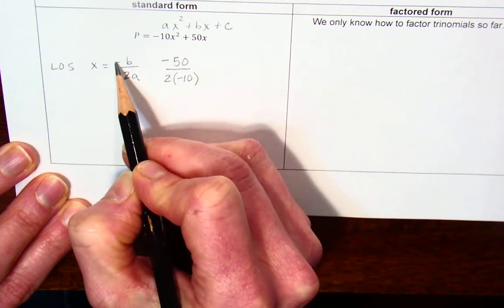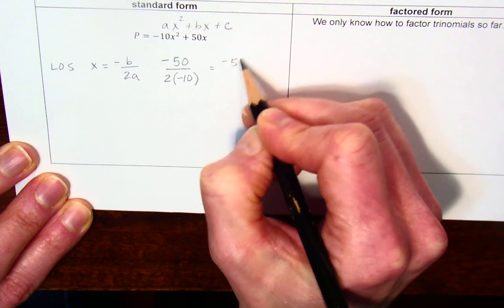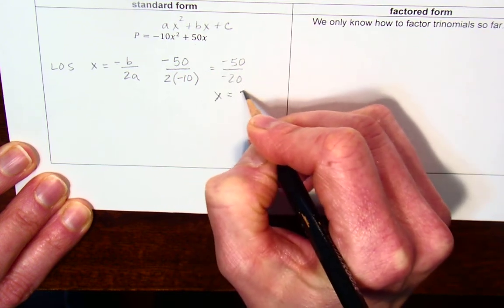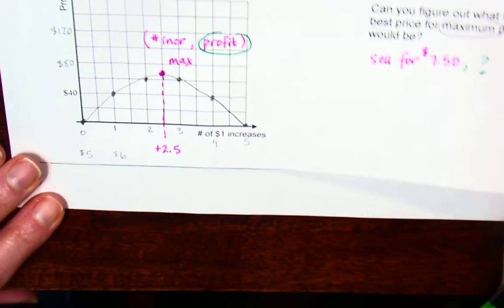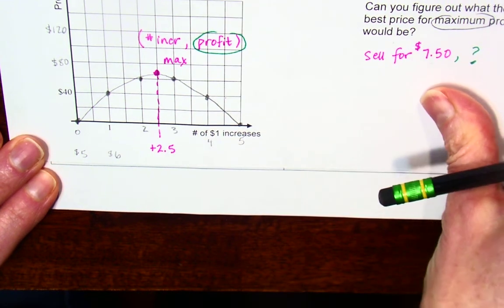This negative comes from the formula. If I simplify this, negative 50 divided by negative 20, my line of symmetry is at 2.5. And we could see on the first page, sorry about that noise, that the line of symmetry absolutely was at 2.5.